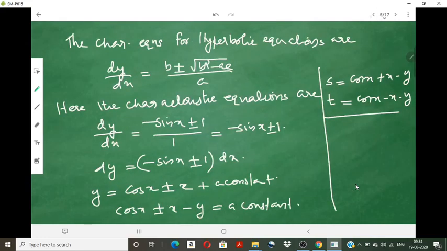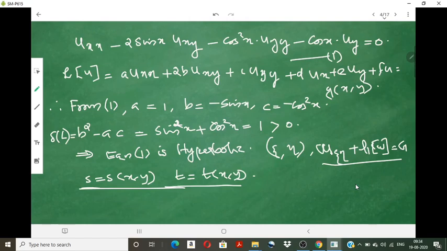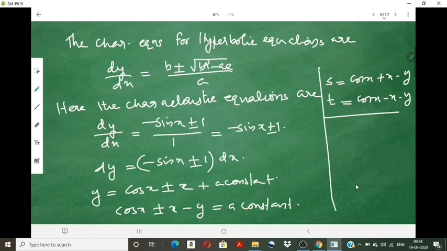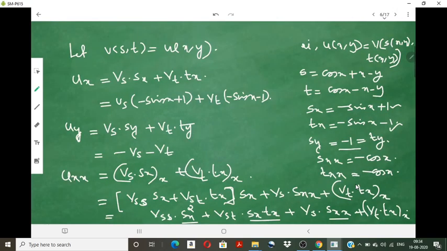Let the equation be numbered. Let this be equation number 1. Then Uy we needed, so put it as equation number 2.